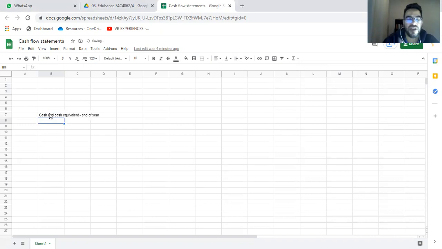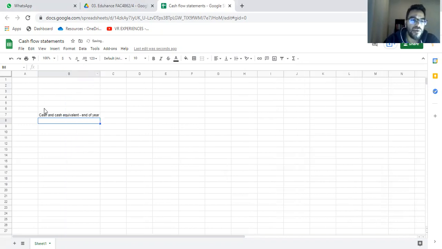We work in years, so I have to say end of year. So we will get to that number, closing cash and cash equivalents at the end of the year. But we're going to compare it to cash at the start of the year.